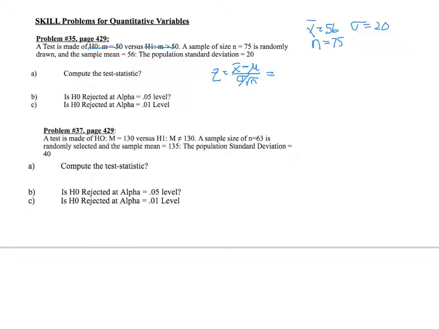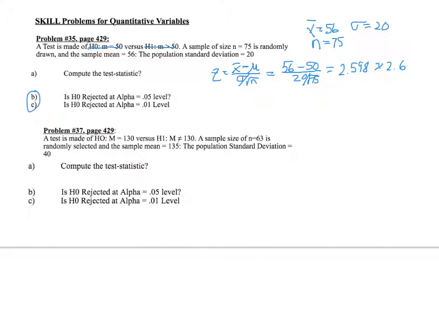In this case, we just plug the numbers in: 56 minus mu, which is 50, divided by 20 over the square root of 75. When we do the calculation, we get 2.598, which is approximately equal to 2.6.